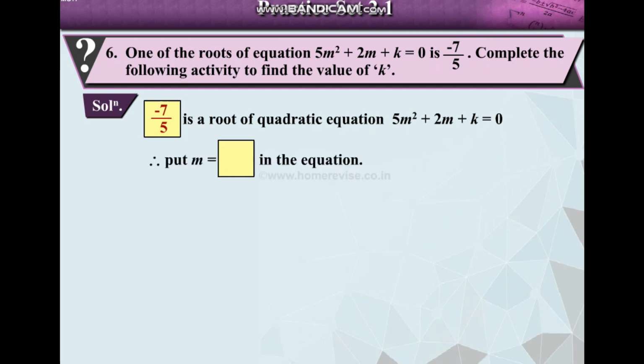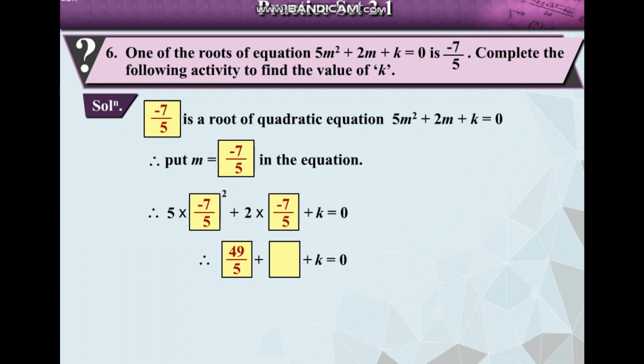Therefore, put m is equal to minus 7 upon 5 in the equation. Therefore, 5 multiplied by (minus 7 upon 5) the whole square plus 2 multiplied by minus 7 upon 5 plus k is equal to 0. Therefore, 49 upon 5 plus minus 14 upon 5 plus k is equal to 0. Therefore, 7 plus k is equal to 0. Therefore, k is equal to minus 7.